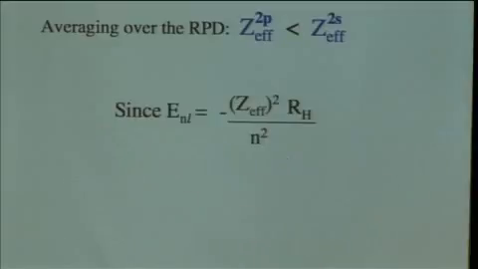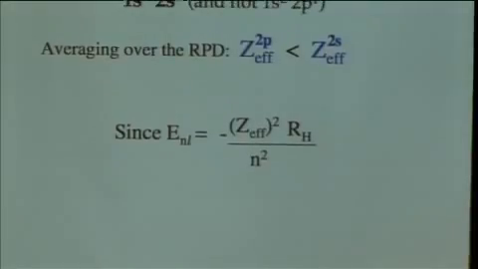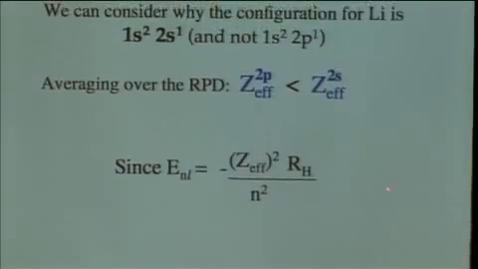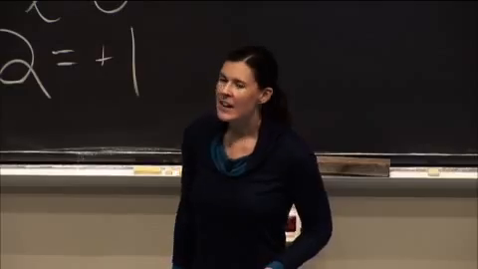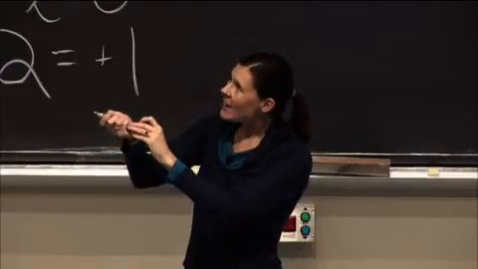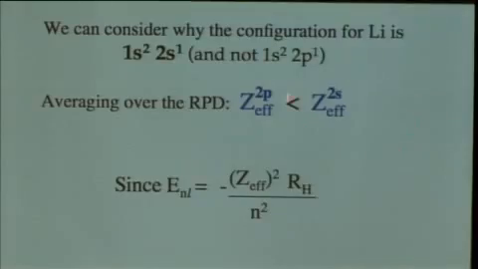So we know that we can relate Z effective to the actual energy level of each of those orbitals, and we can do that using this equation here, where it's negative Z effective squared R_H over n squared. We're going to see that again and again. It turns out that if we have, for example, for 2s, a larger Z effective than for 2p, and we plug in a large value here in the numerator, that means we're going to end up with a very large negative number.